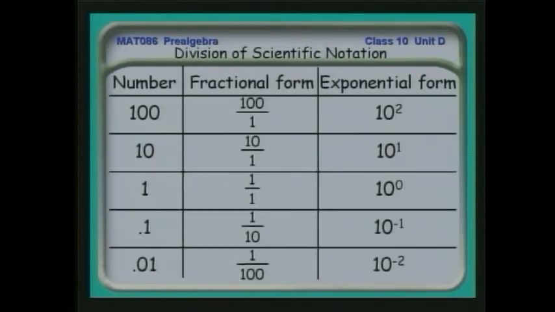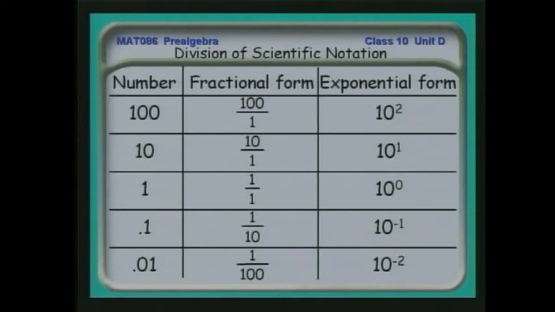Since we're talking about division, let's go back and examine scientific notation. We see that 100 is 10 squared, 10 is 10 to the first power, 1 is 10 to the 0. Remember, anything to the 0th power is going to be 1. But now let's continue that sequence going the other way.